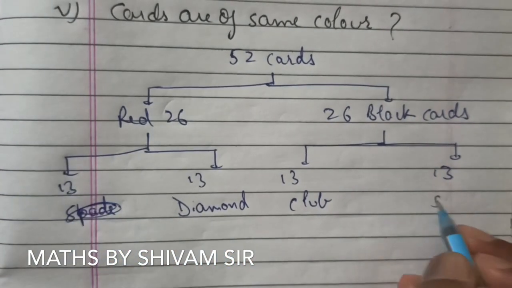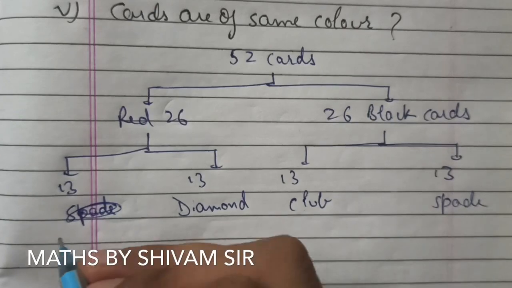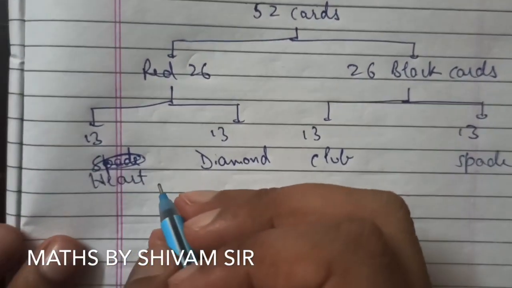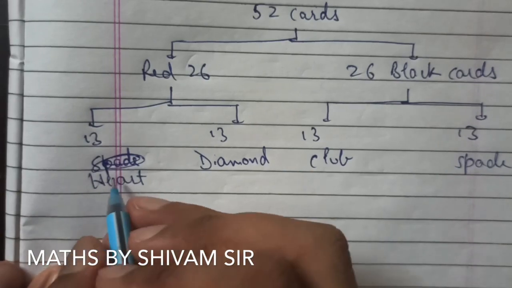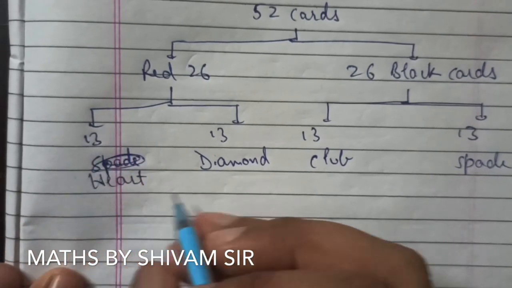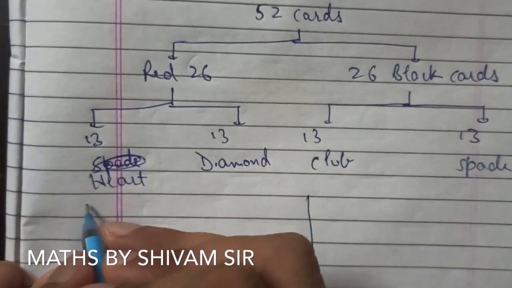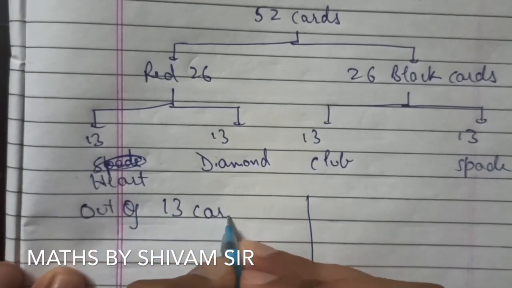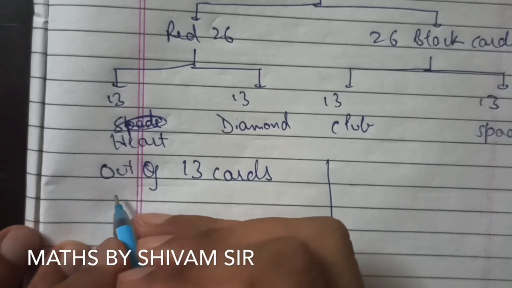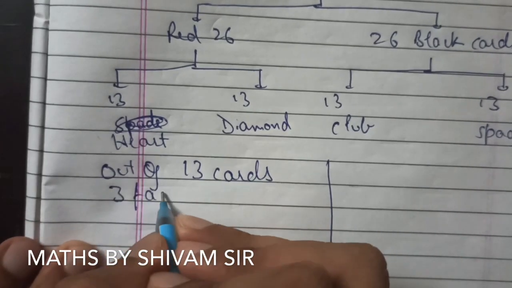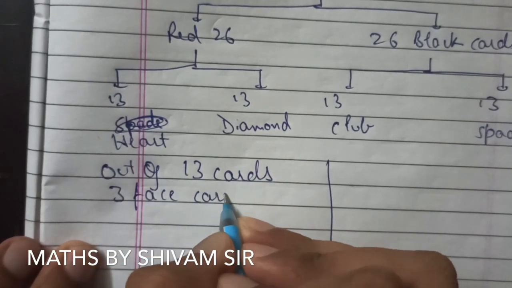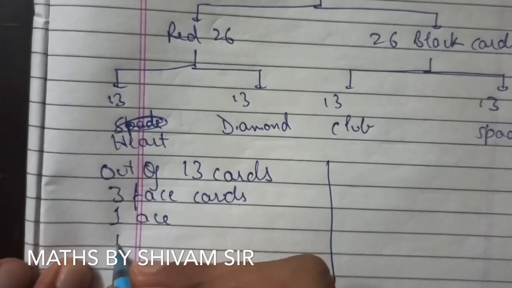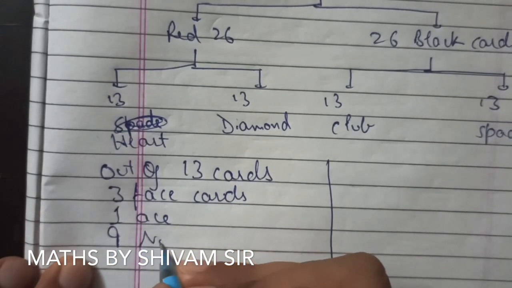So firstly let's discuss these 13 cards. Out of 13 cards we have 3 face cards, 1 ace, and 9 numbered cards, right?